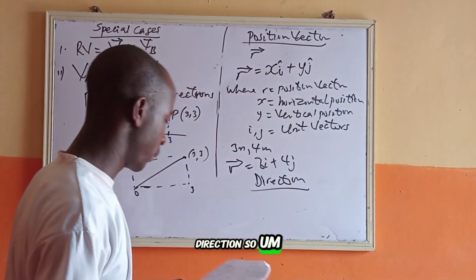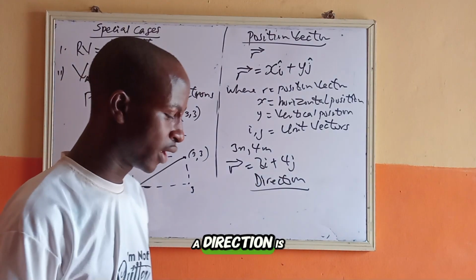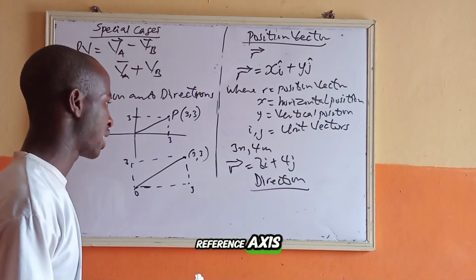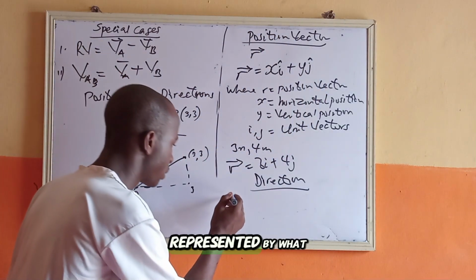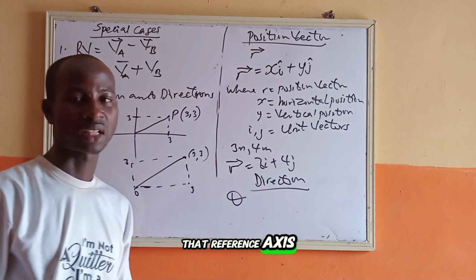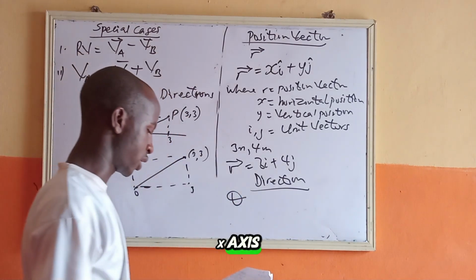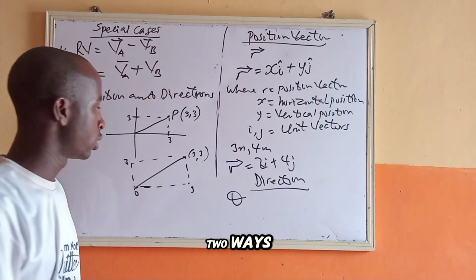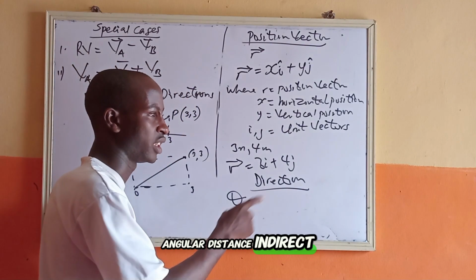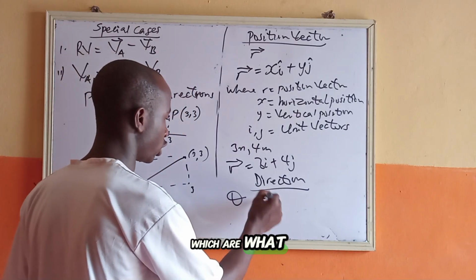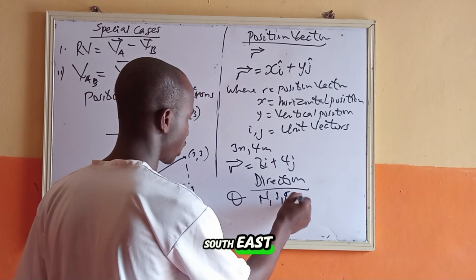A direction is usually represented by an angle theta with a reference axis. And that reference axis is the x axis. So a direction is represented in two ways: angle theta from the x axis, or compass direction, which are north, south, east, west.